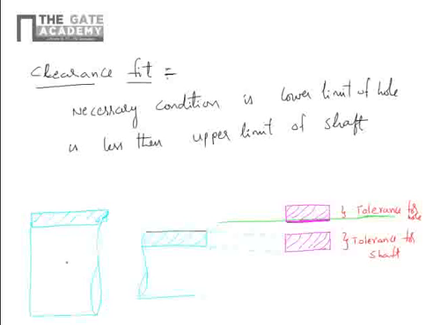So this shaft A and hole B, for example, this A can easily be inserted into the hole B, so that's why it is called clearance fit. Without any external force the fit can be formed, it is called clearance fit.